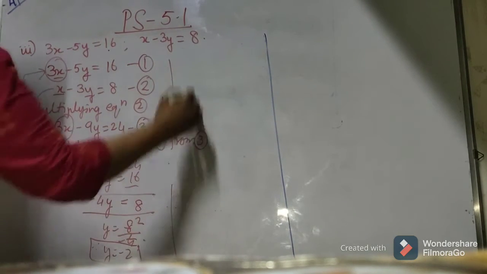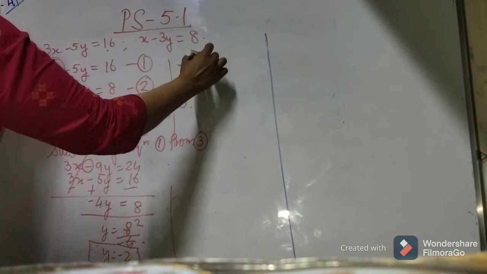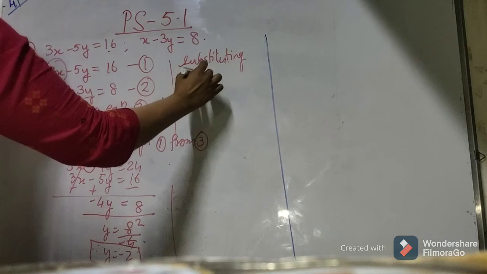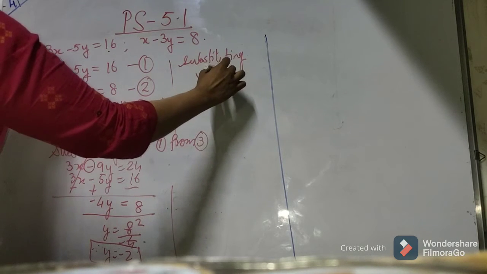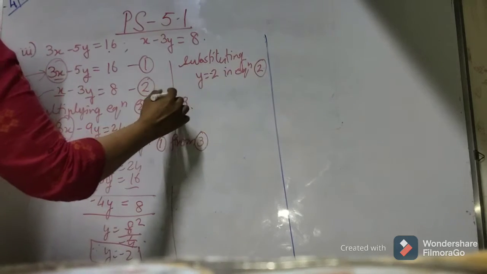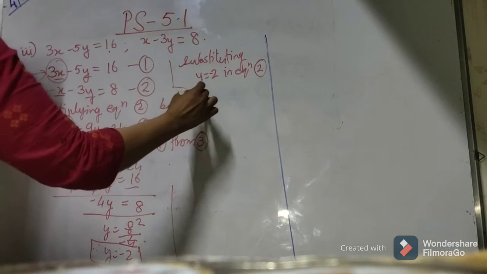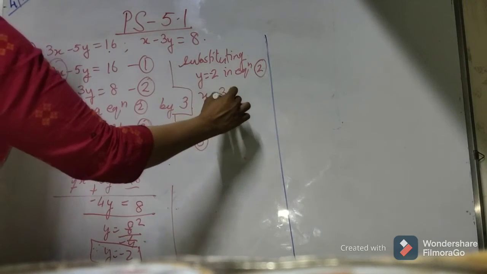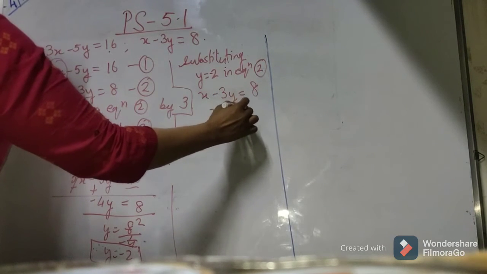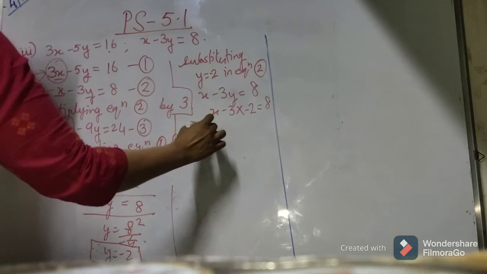Now I am going to substitute y is equal to minus 2 again in equation 2. I'll take this time. So what is my equation 2? x minus 3y is equal to 8. So x minus 3, in place of y minus 2, is equal to 8.